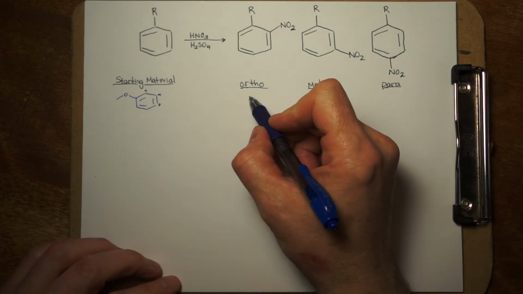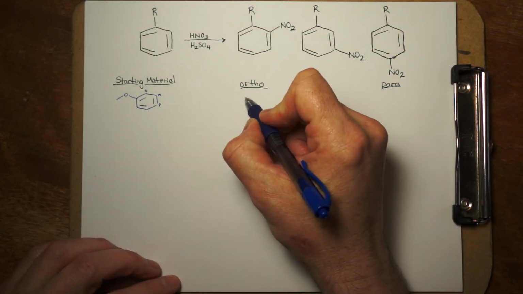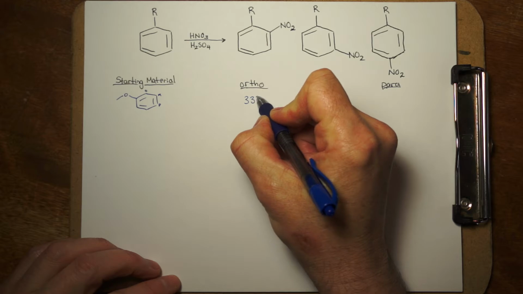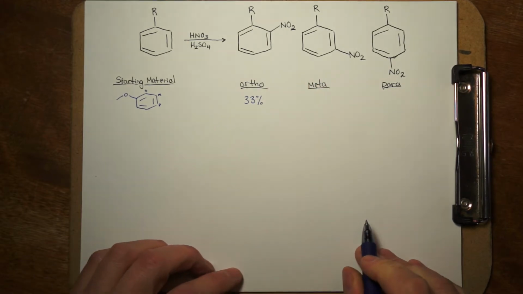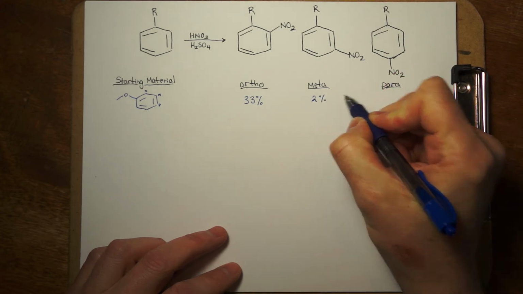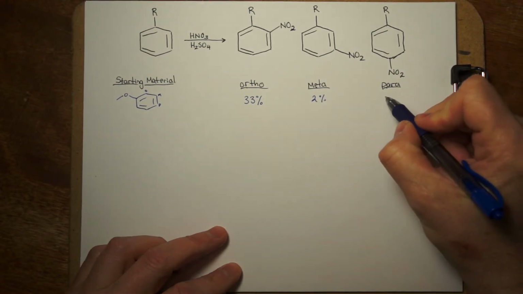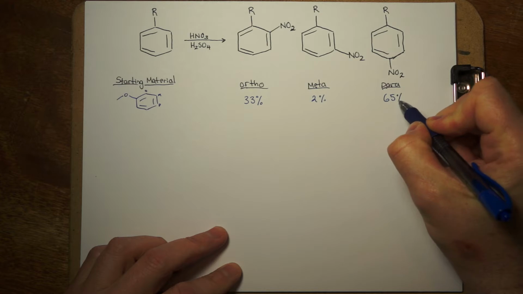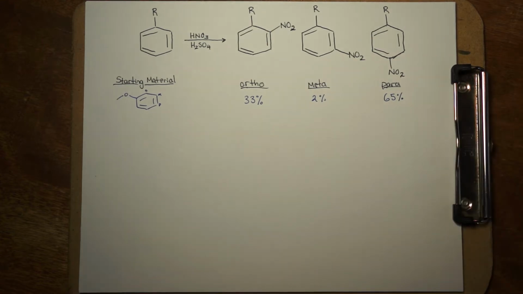What we see for this reaction, if we actually run it, we would get about a 33% yield of the ortho product, about a 2% yield of the meta product, and about a 65% yield of the para product, right? Now a little comment on the yields. If you run this reaction, you will not get these yields every time.